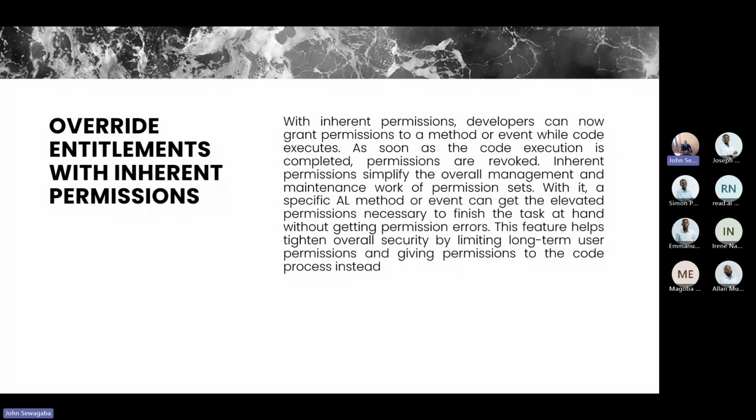What do I mean? To some people who have earlier written reports in the lower version, I can go and assign my report some explicit permissions. Let's say I'm trying to modify customer ledger entries. You know very well, it's only modified through a posting routine.